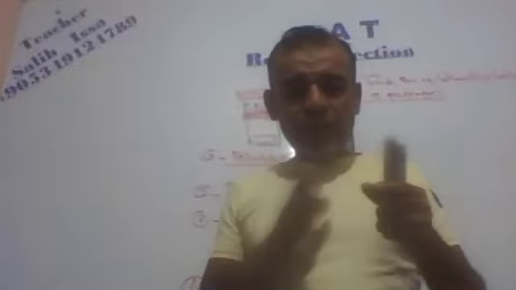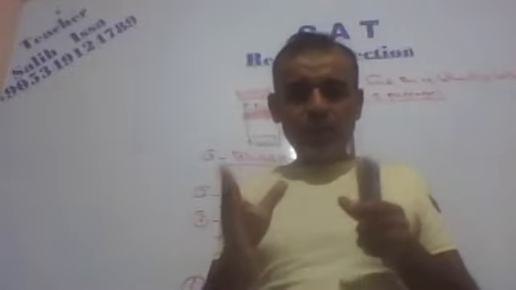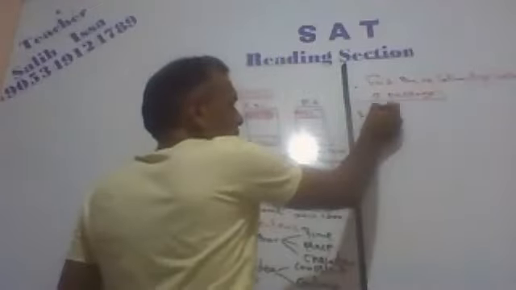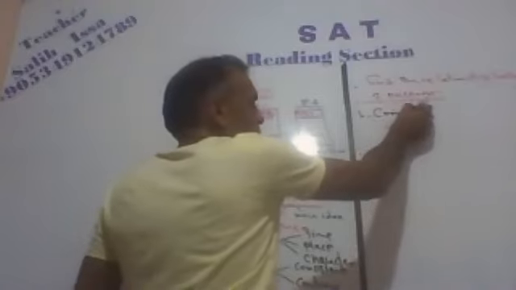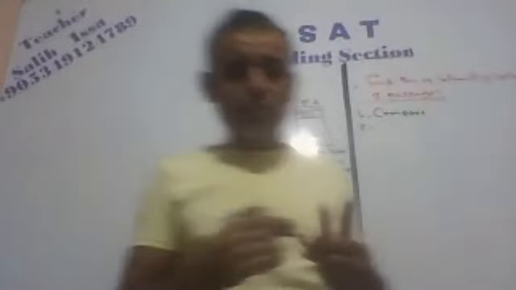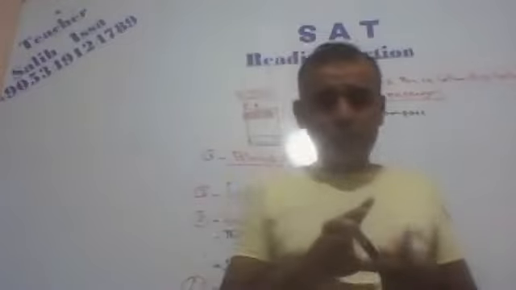Find the main idea of each passage. The first one: compare. You should compare what you read in the first passage and what you read in the second passage. What is the relationship between the 2 passages?